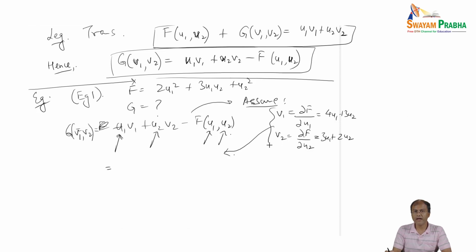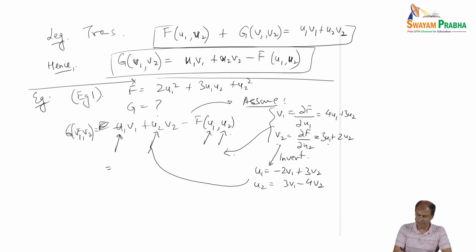We want to find g as a function of v1, v2, so we have to first find what u1 and u2 are in terms of v1, v2. So we invert this relationship and we find that u1 is minus 2v1 plus 3v2 and u2 is 3v1 minus 4v2.